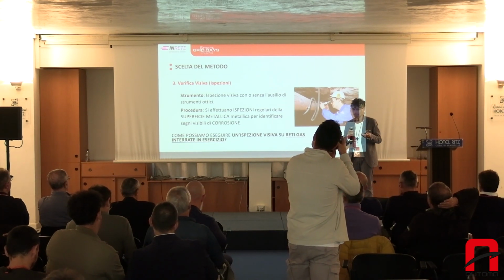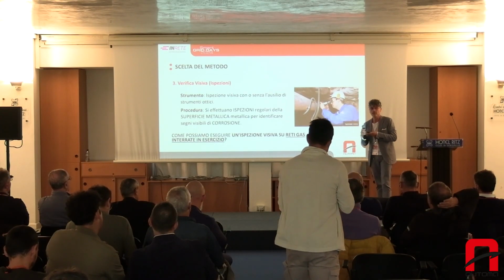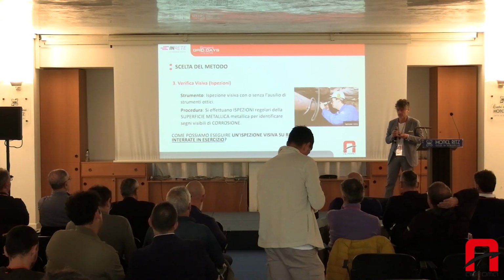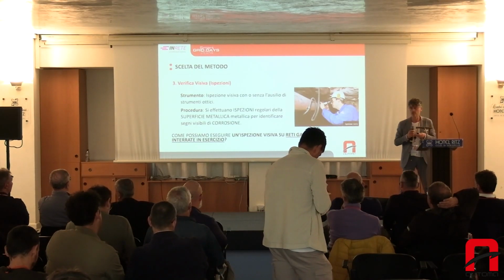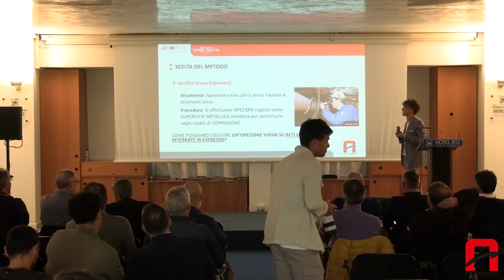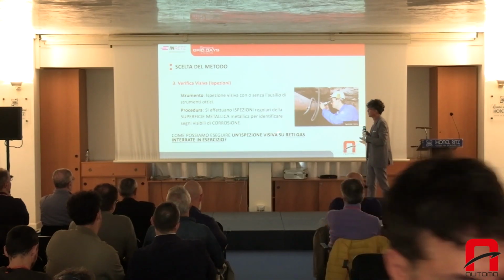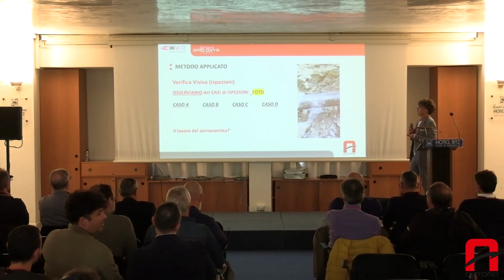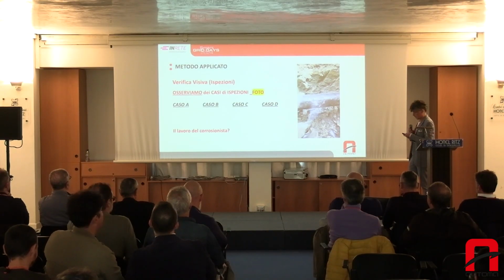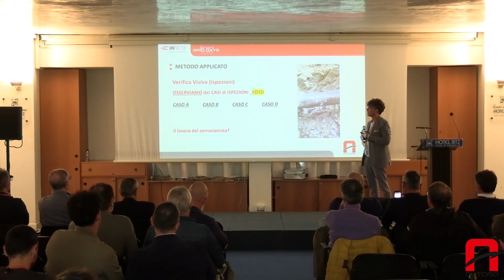I've been doing cathodic protection for 33 years, and I managed 12,000 kilometers for the Hera group, for In Rete, and so I had some cases to choose from. Therefore, I chose visual inspection on the earthed elements, earthed networks. So what can one find during an inspection?